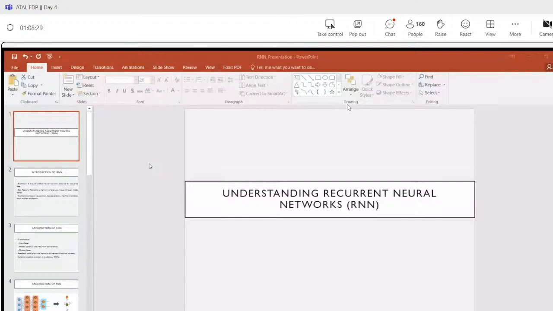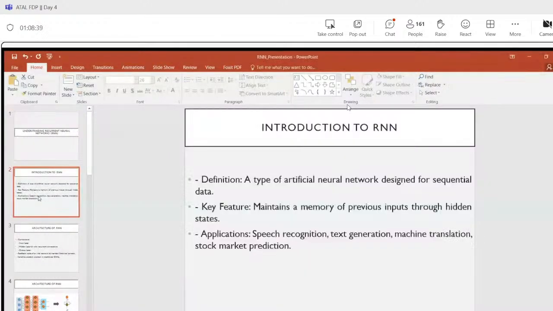So going for the base introduction, this recurrent neural network is a type of artificial neural network which is designed for sequential data. So what is meant by sequential data? In a sequential network, there is a particular flow in which the input data has to be processed.